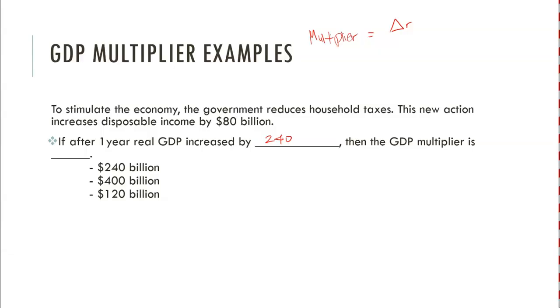That triangle is a delta, it means change. Change in real GDP divided by our initial change. In this case, real GDP increased by 240 divided by our initial change of 80 billion. This is going to give us a multiplier of 3.